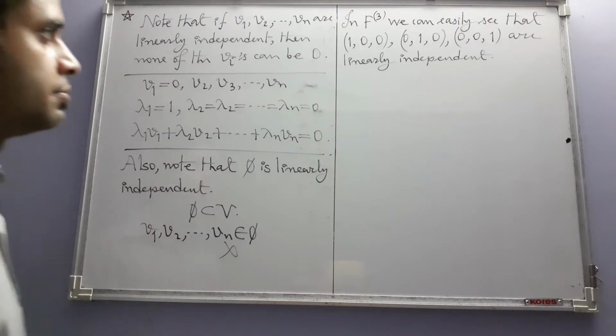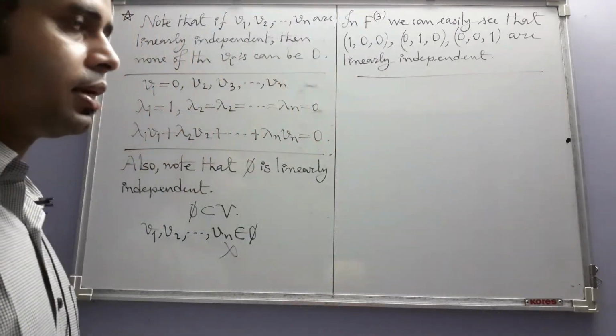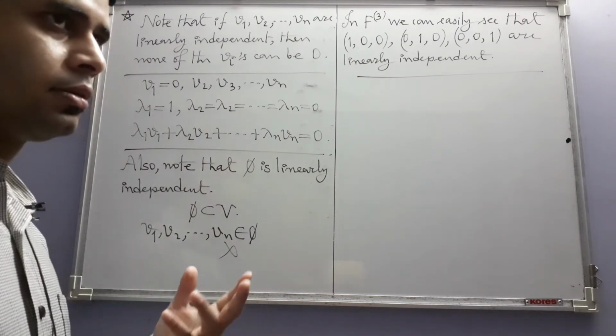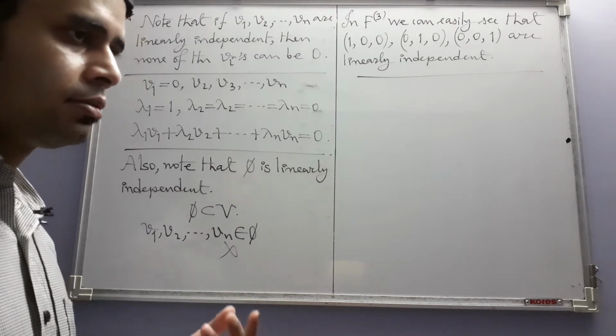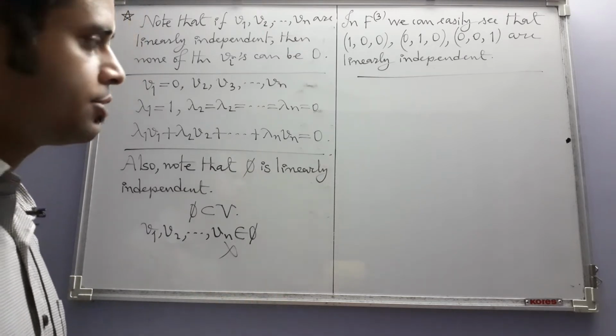How? That means there exists no choice of such scalars that gives you the zero vector, but at the same time some scalar being non-zero. That is not possible.